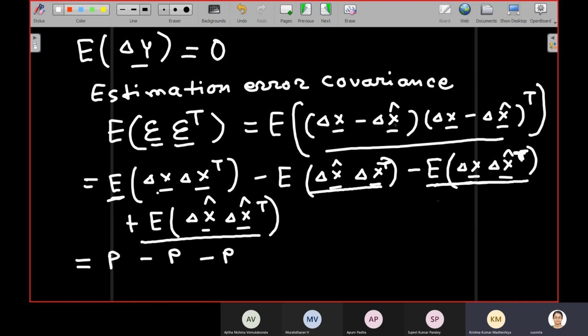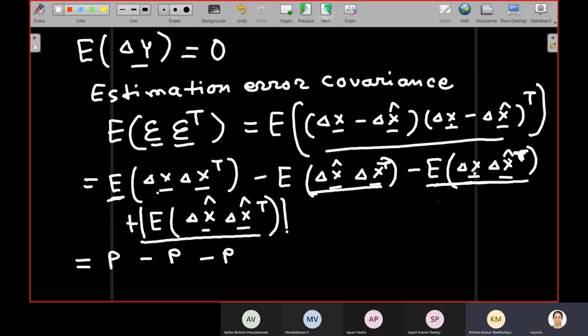So we have this one, then delta x hat, delta x transpose, then we have delta x times delta x hat transpose, and then we have delta x hat transpose, 4 times. Okay. Just to explain that this will be P, I wrote that intermediate term, but that is not related to the expression. So we are left with only this one, the last one.